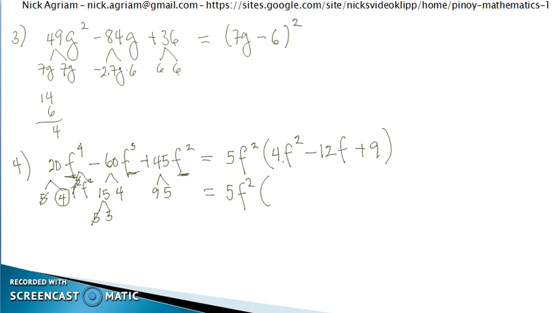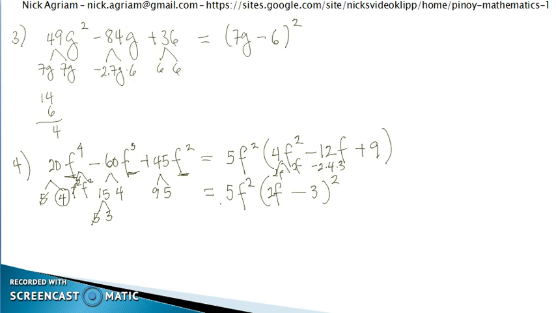Our question now is, is this a perfect square? I think the answer is yes, because 4 is a perfect square, 9 is a perfect square, and 12 is negative 2 times 2 times 3. Yes, so we have 2f minus 3, squared.